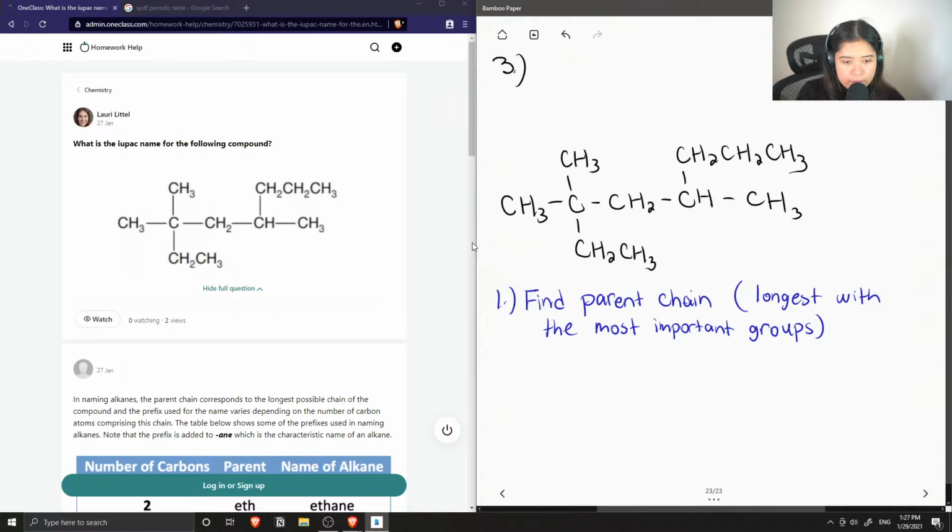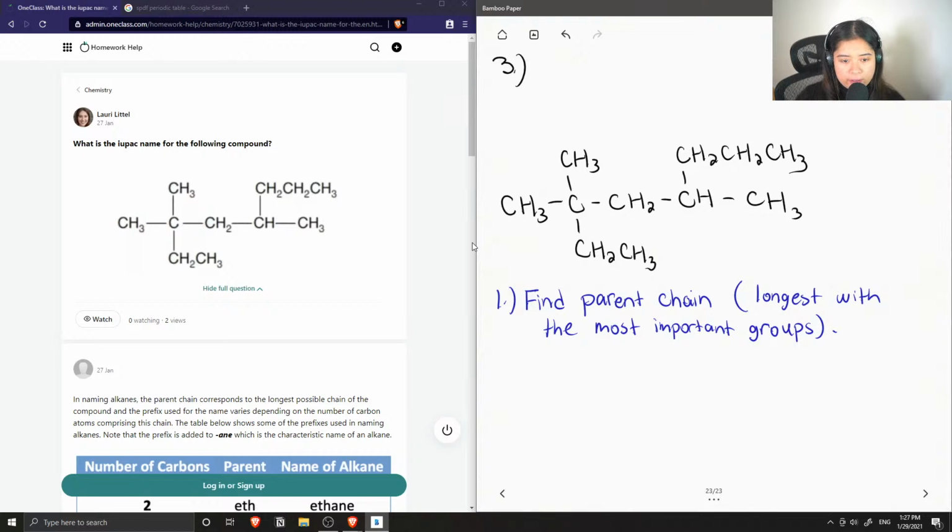Typically when we have an organic compound, sometimes there are other functional groups such as alcohol groups or double bonds, triple bonds. This is what I mean by most important groups, those functional groups. But for our example, we only have a chain of carbons and hydrogens, so we're only looking for the longest chain.